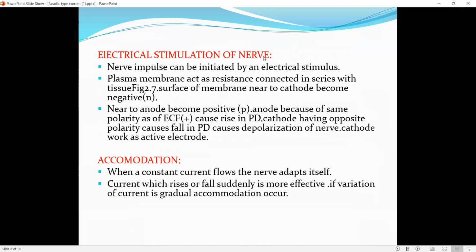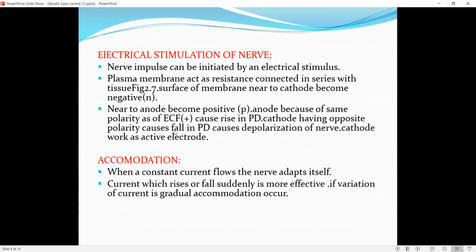Electrical stimulation of nerve. Nerve impulses can be initiated by an electrical stimulus. The plasma membrane acts as a resistance connected in series with the tissue. The surface of the membrane near a cathode becomes negative, and near the anode becomes positive. The anode, because of the same polarity as the ECF positive, causes a rise in PD.